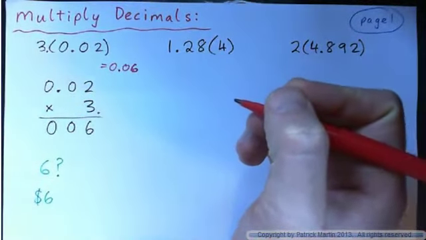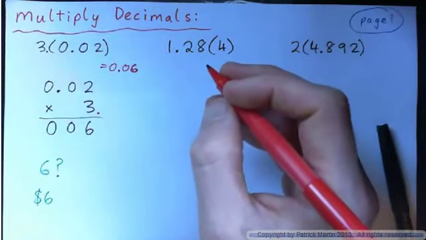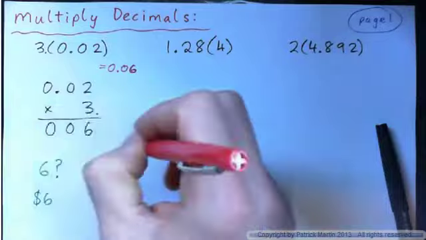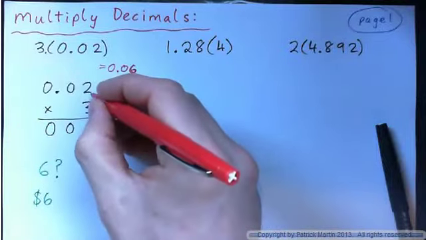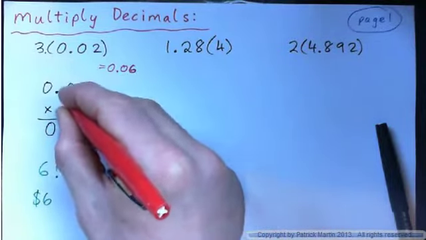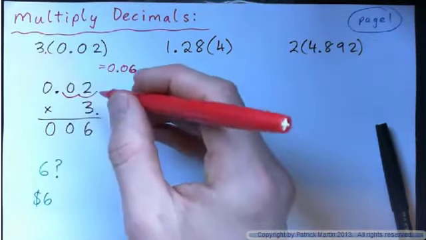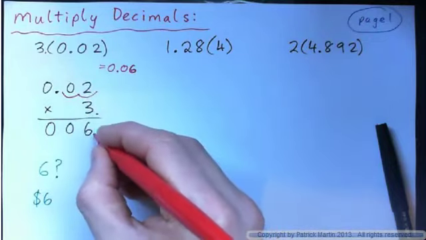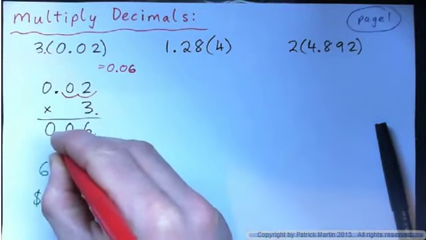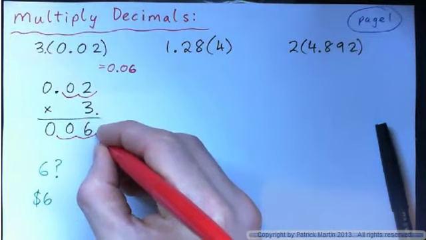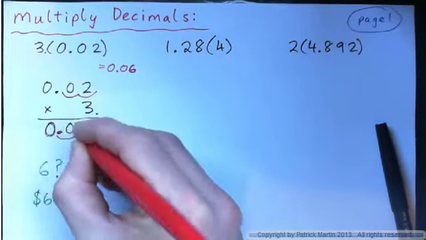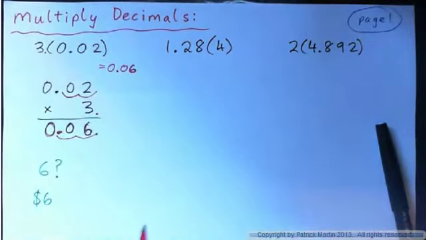And the trick with multiplying by decimals is you count how many decimal places are in all of the numbers that have been multiplied. There are 2, so you move the decimal point from here over 2 spaces, and then we have 0.06.